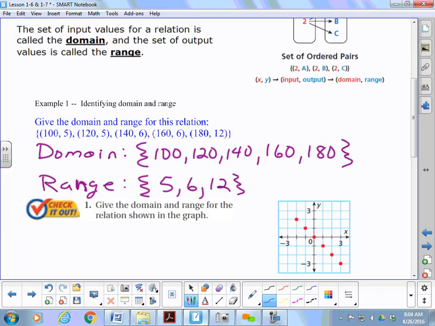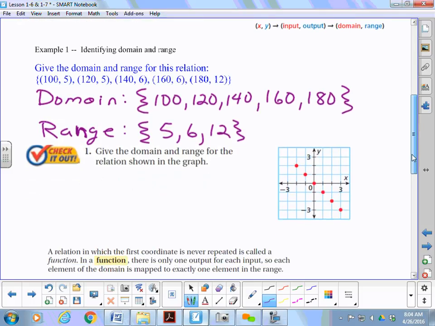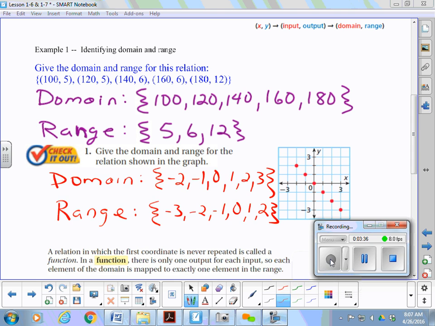Once you've listed a 5, you've covered that number, so you don't need to do it again, because we're not putting these so that they're paired up. We're just saying what those numbers are. I know sometimes you want to try to pair them up, but you don't need to do that. All right, so for this graph here, go ahead and list the domain and range.